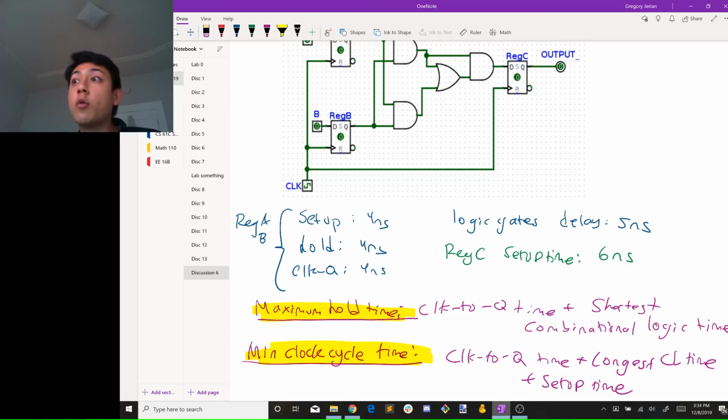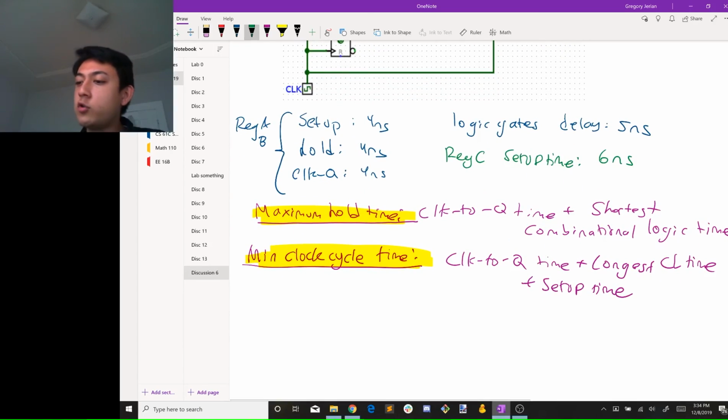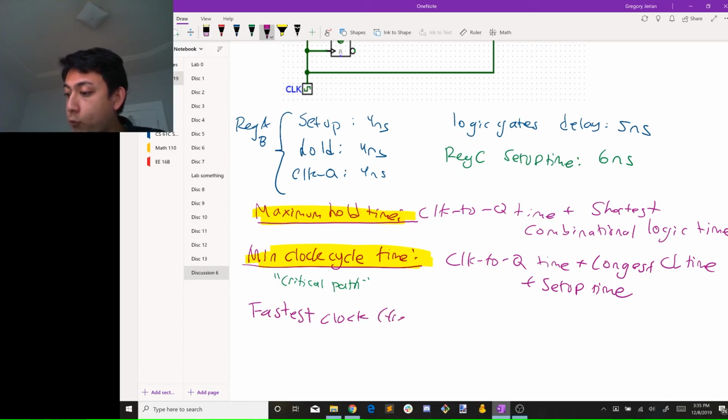That's our critical path of the circuit, which is why this is also known as the critical path. Because this is our minimum clock cycle time, this is the fastest we can clock our circuit. So our fastest clock, which is a frequency, is just 1 over our minimum clock cycle time, or our critical path.